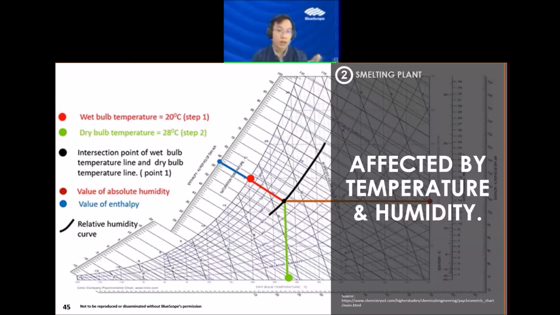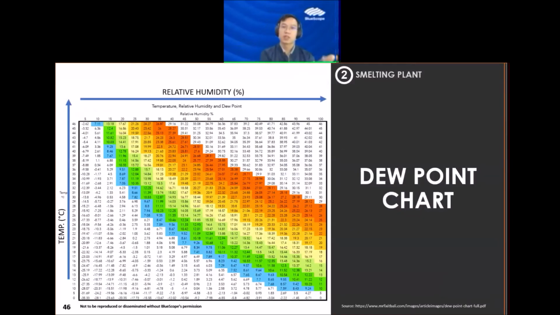So coming back to our tropical environment, our tropical environment normally is very humid and very hot, right? So this will be a very useful chart normally to gauge when the water will condense, right? Of course, if you are not familiar with the chart, it's fine.